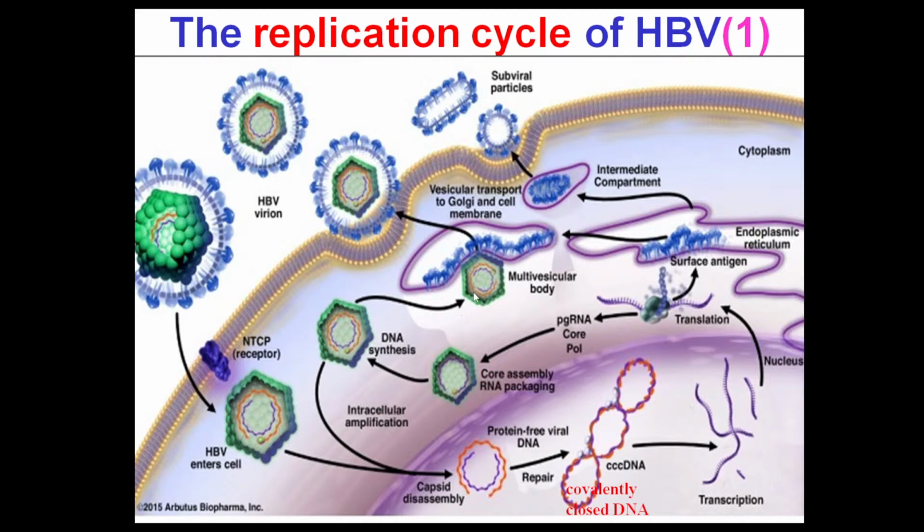As soon as negative strand DNA is produced using our pre-genomic RNA as a template, then immediately the pre-genomic RNA will be digested, because as far as we know there should be no DNA and RNA together in the viruses, right?